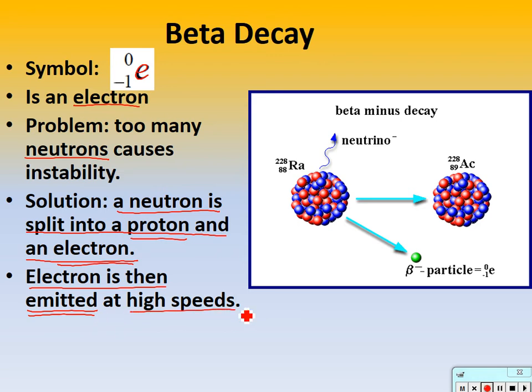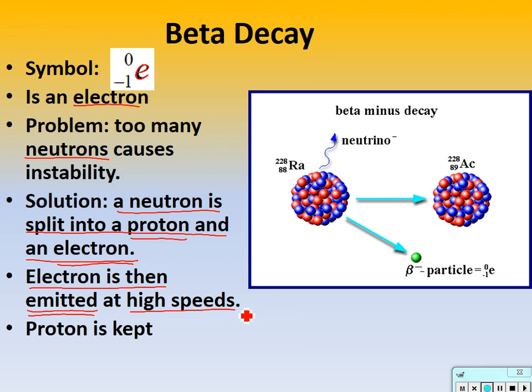So a beta particle is really just an electron that's left the nucleus at high speeds. Kind of a little bit crazy there with the beta particle, but that's what it is. The proton, however, is kept. Remember that neutron was converted into an electron and a proton. The electron gets shot off, the proton is kept.